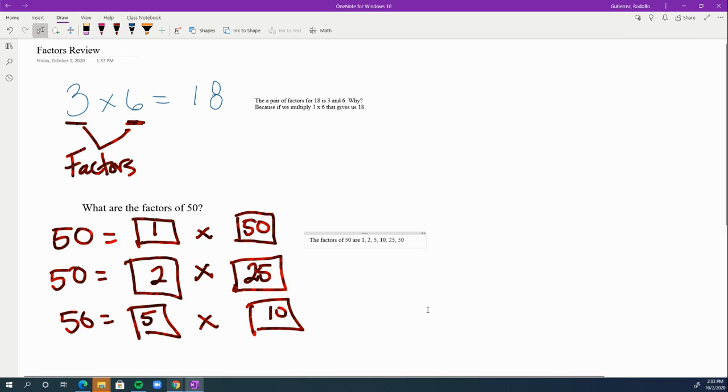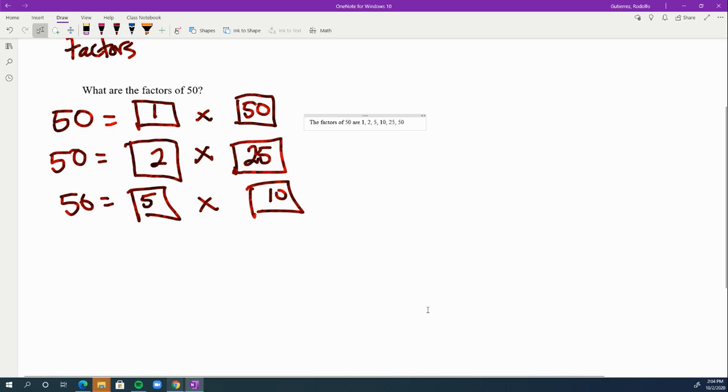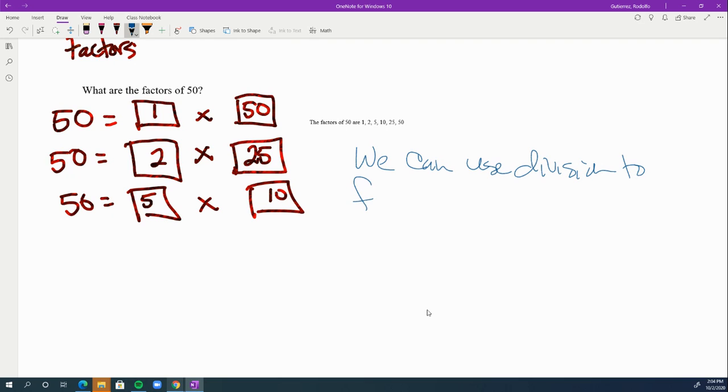Another strategy that you can use to find factors of a number is division. We can use division to find factors.